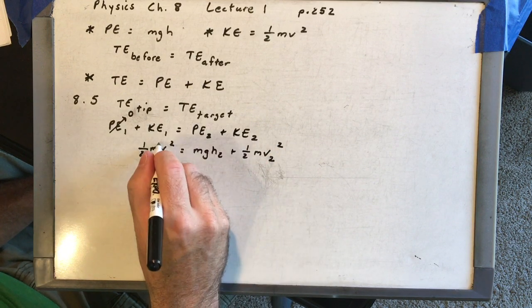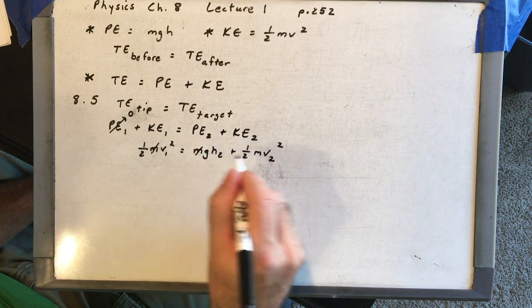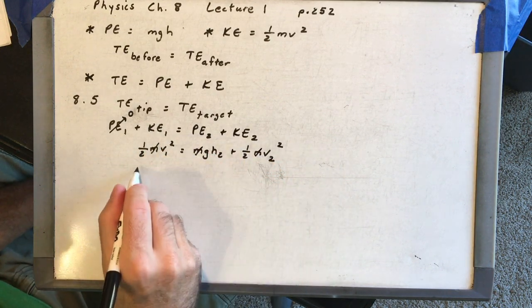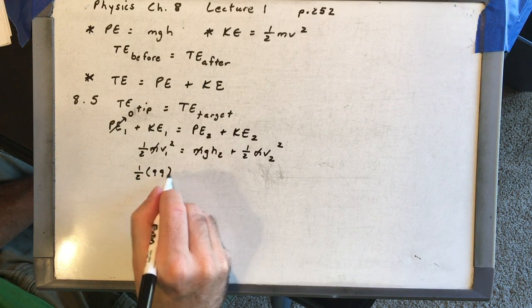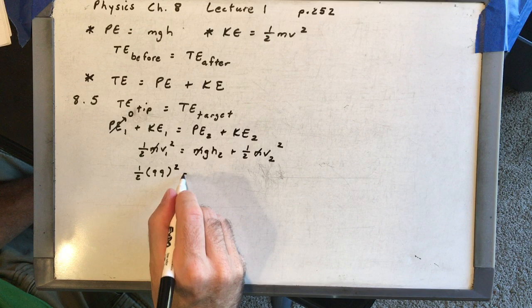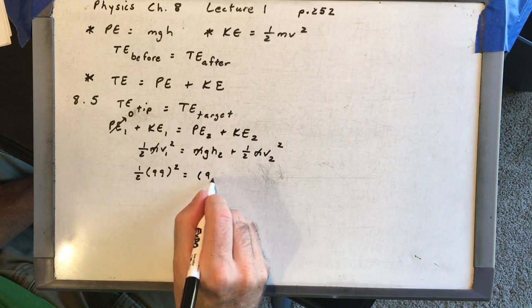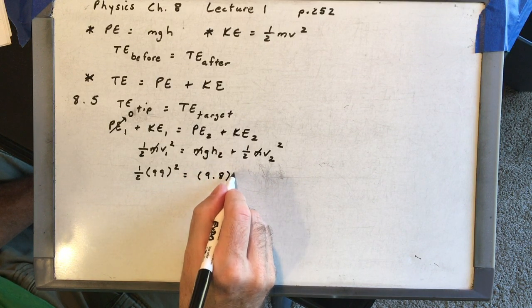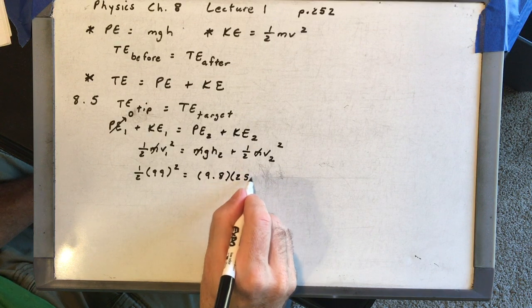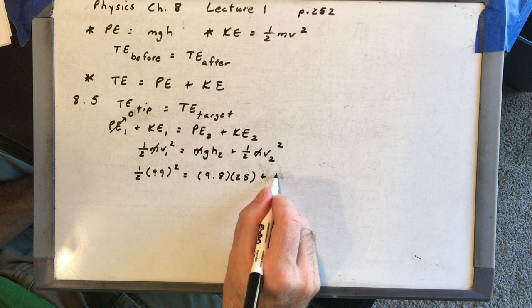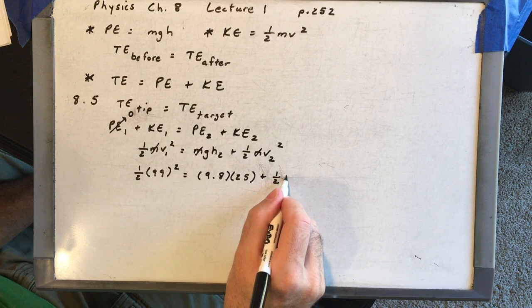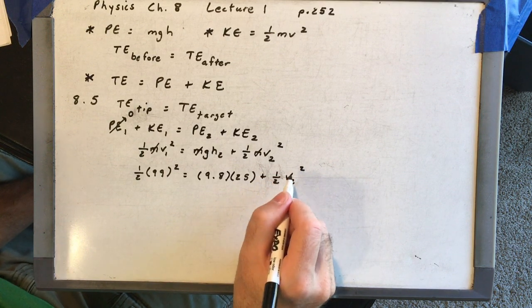All of our masses are going to cancel since we have mass in every term. So that's 1/2 times 99 meters a second, where it started, squared, is equal to 9.8 times 25 meters, the height of the target, plus 1/2 the second velocity squared, which is what we're trying to get.